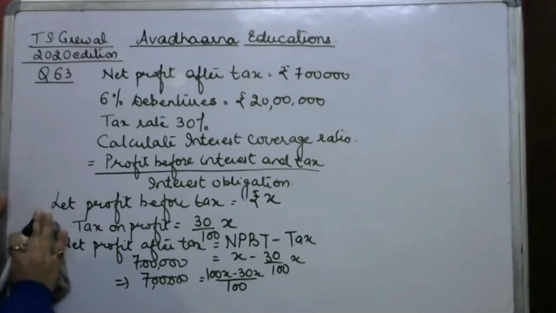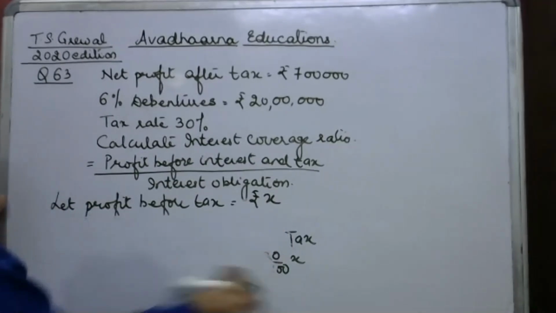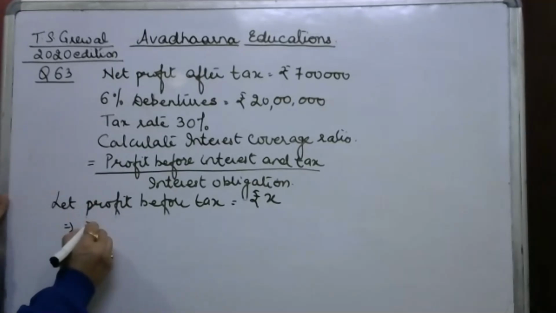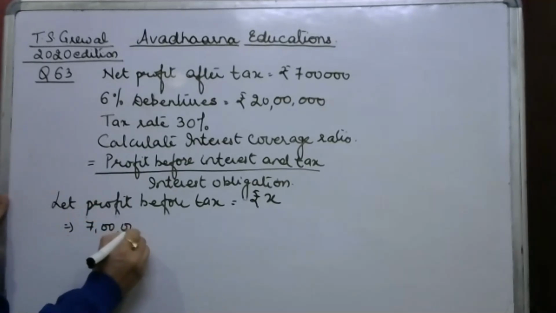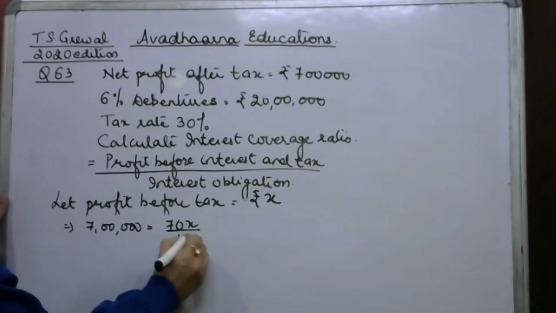So let me solve it for x, which implies 7 lakh is equal to 70x upon 100.